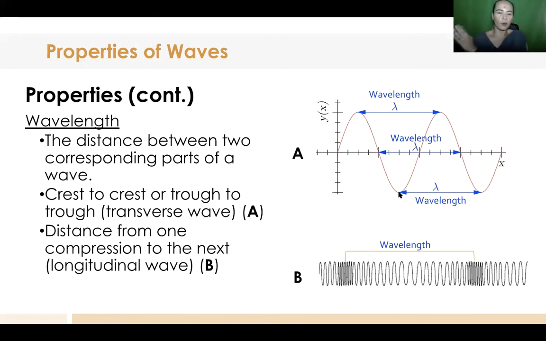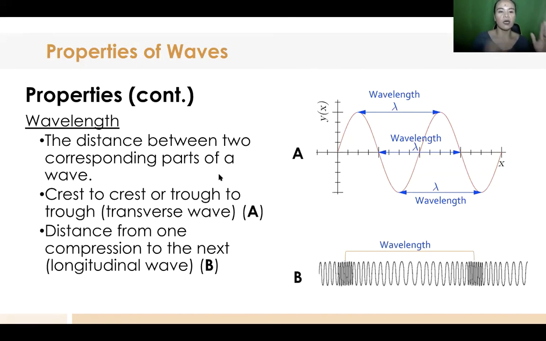So how far apart are they from each other? If the waves are too near to each other, probably the energy is great. If they're slowly, the wavelength might be lower. Okay, so that is wavelength.